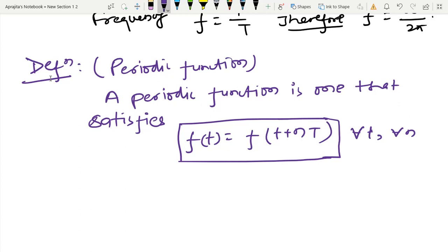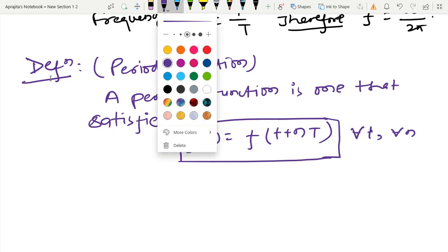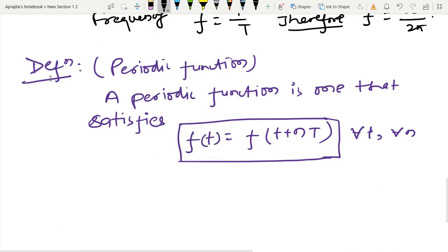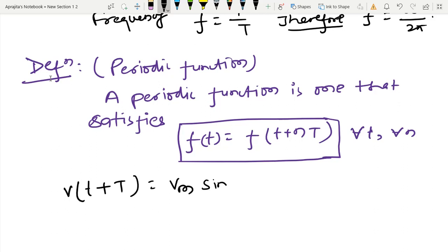And it is pretty easy to check that whatever function I have selected will satisfy this property. So let us see that V(t plus T) equal to Vm sin omega (t plus T).